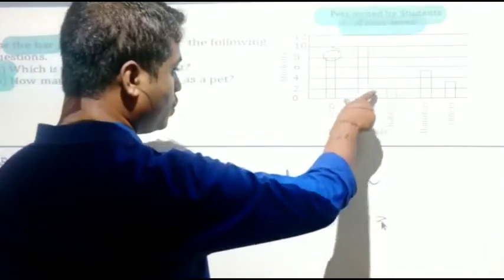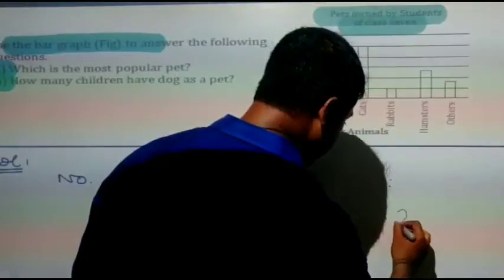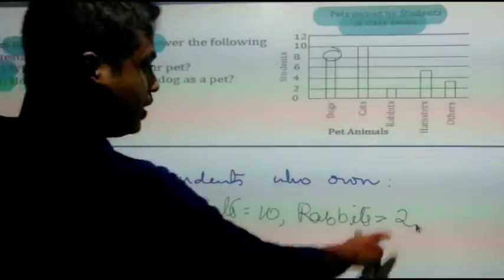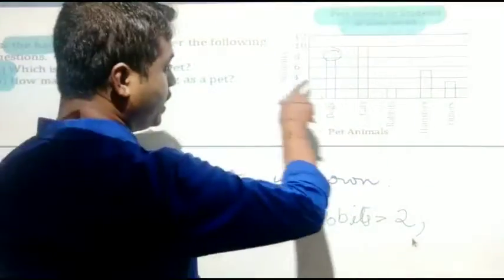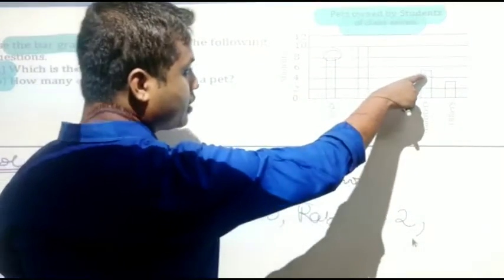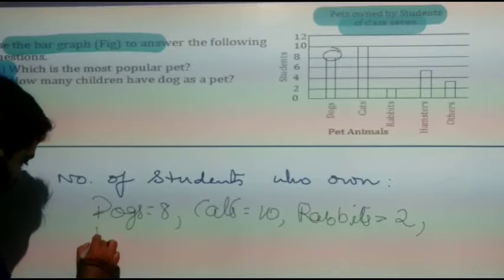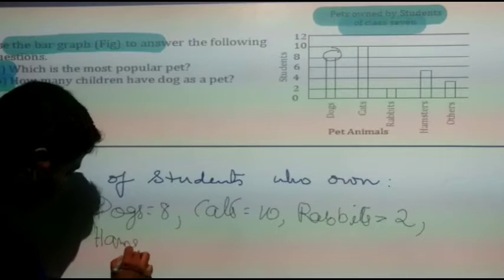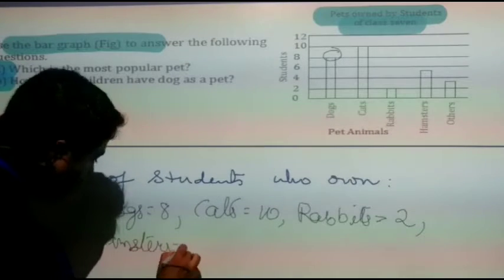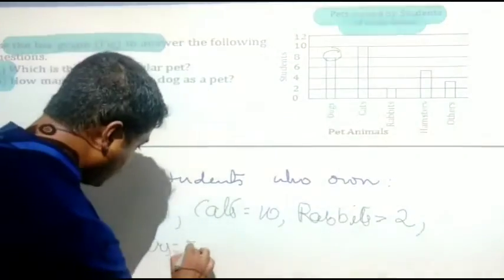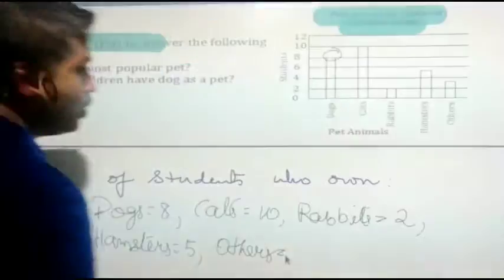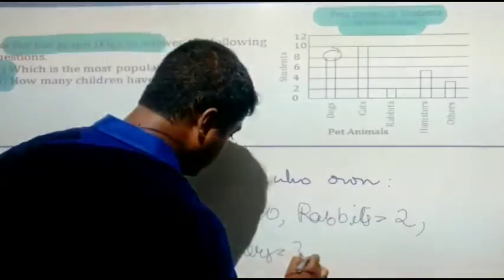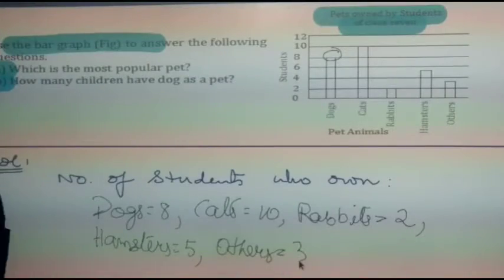Rabbits equals 2. Then we have the hamsters. If you see here, it is between 6 and 4. That means this is representing 5. Hamsters equals 5, and others equals 3. So these are the number of pets they own.